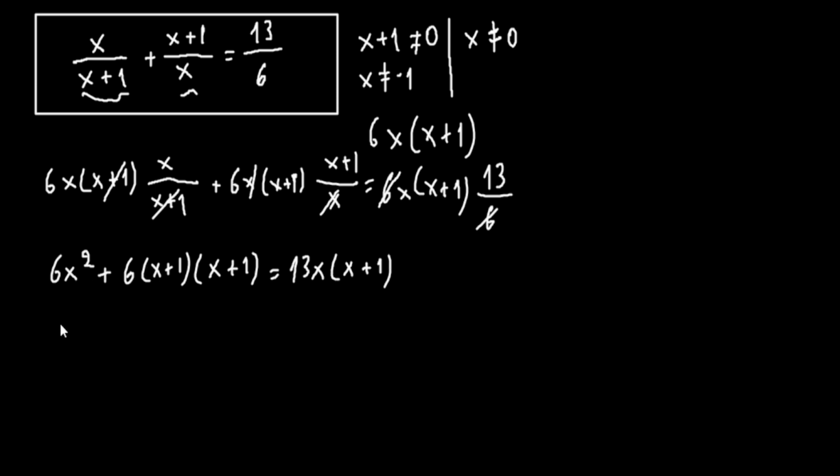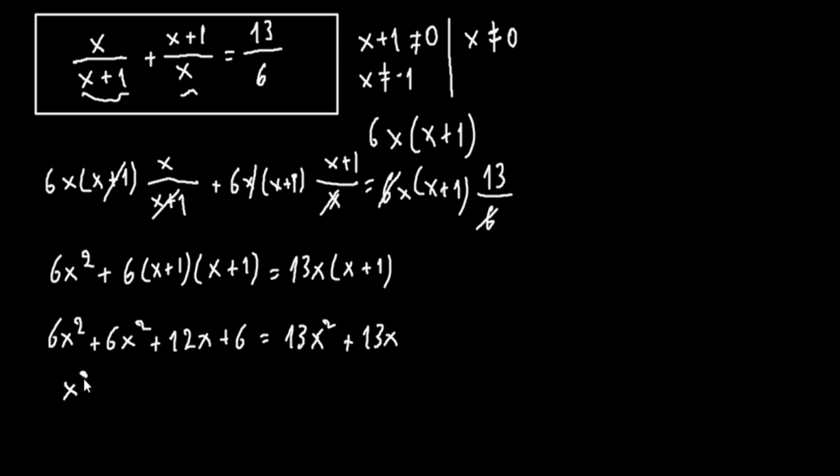If we continue, we have 6x squared plus 12x plus 6 equals 13x squared plus 13x. If we do the subtractions here, finally we have x squared plus x minus 6 equals to 0.